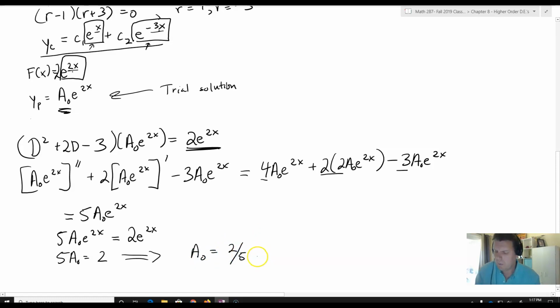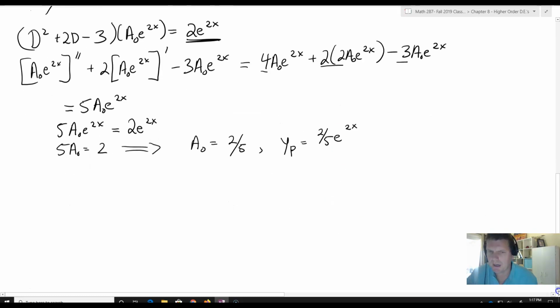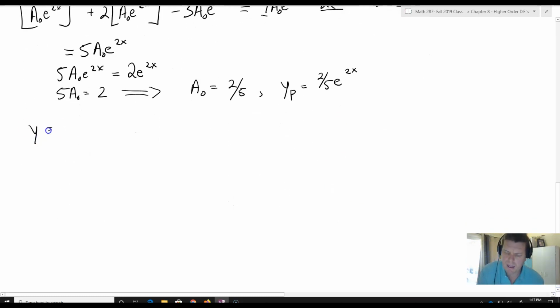Great. What that means is I can go back and substitute that into yp. So yp is then going to equal 2/5 e to the 2x. Ta-da! Now, all I've got to do to finish this up is, I know that y equals yc plus yp.